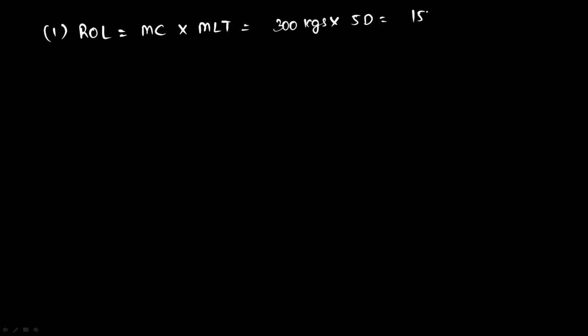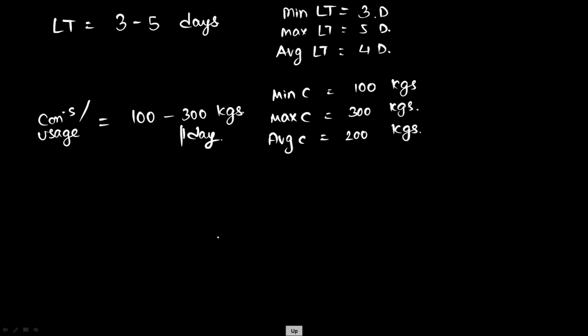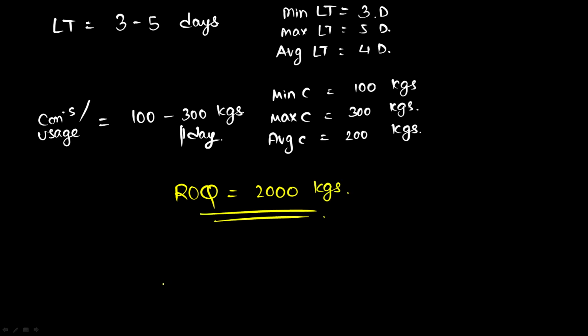It will be 1500 kgs. At 1500 kgs, I will be reordering my quantity. Other information given is reordering quantity is 2000 cages.